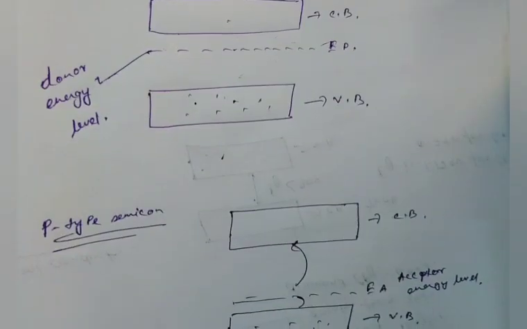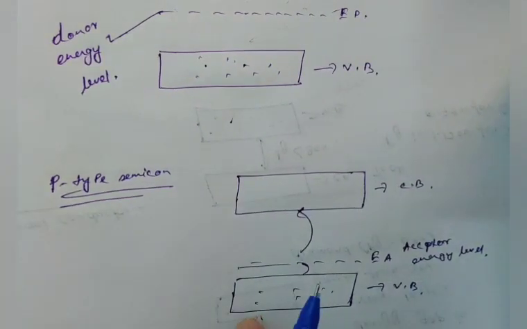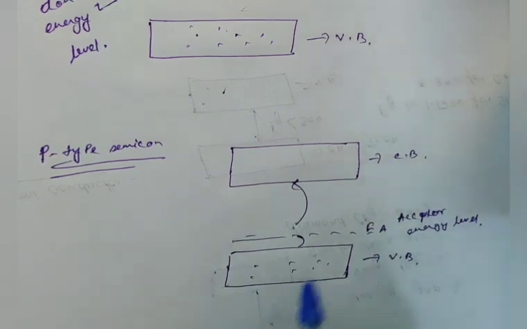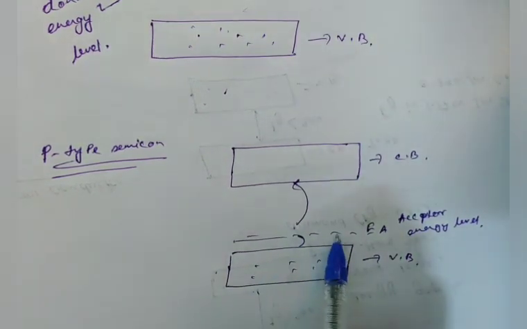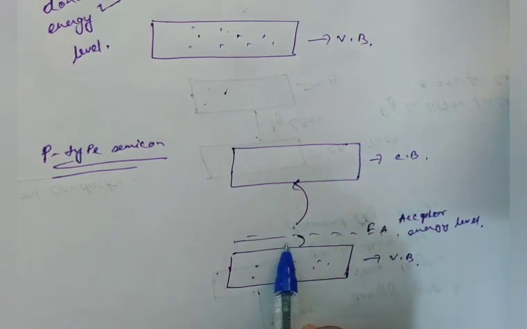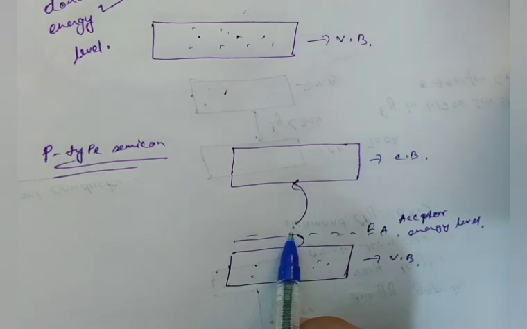In the case of a p-type semiconductor, the acceptor energy level, that is E_A, lies just slightly above the top of the valence band.